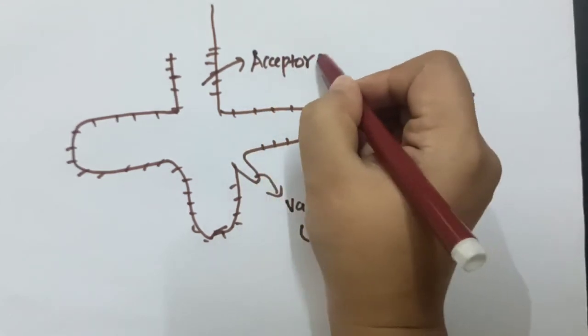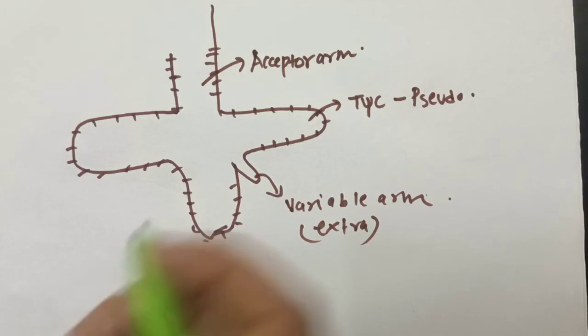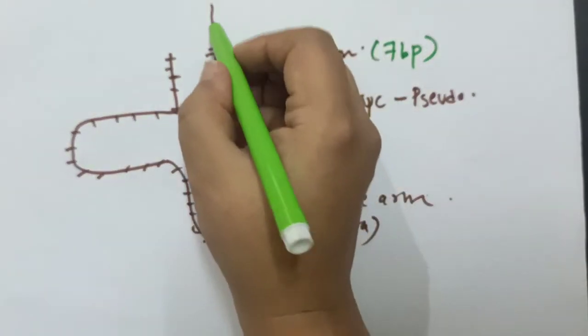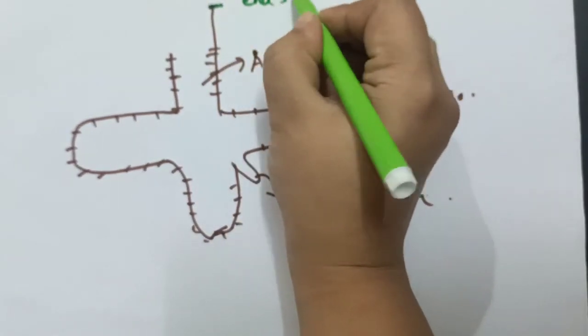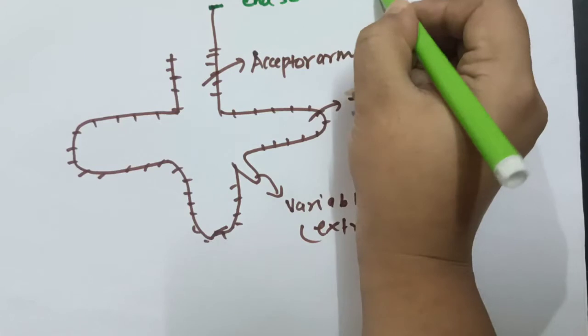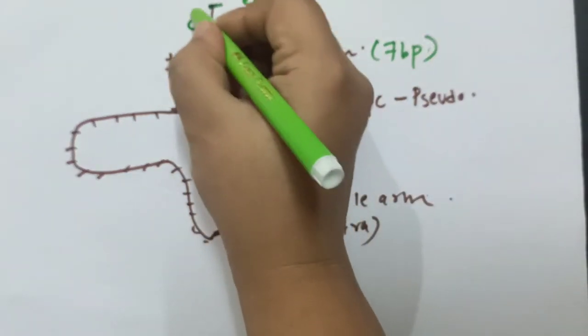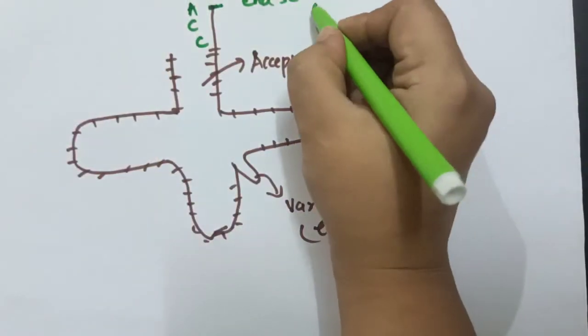We'll be discussing the acceptor arm first. The acceptor arm has about 7 base pairs, and it has the terminal or end sequence CCA at the 3 prime end.